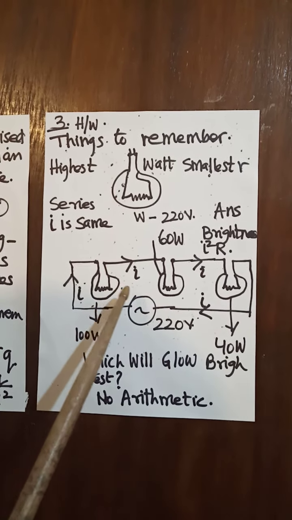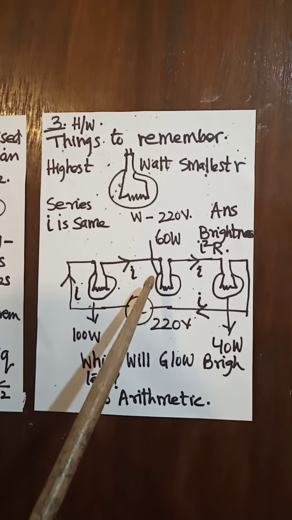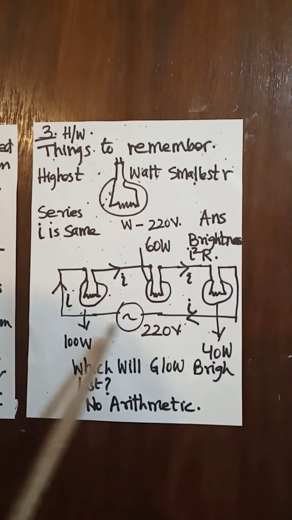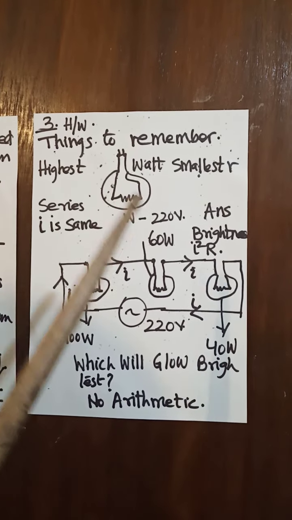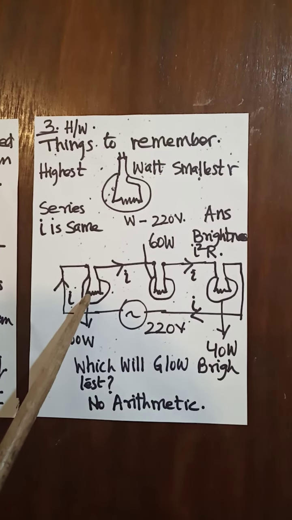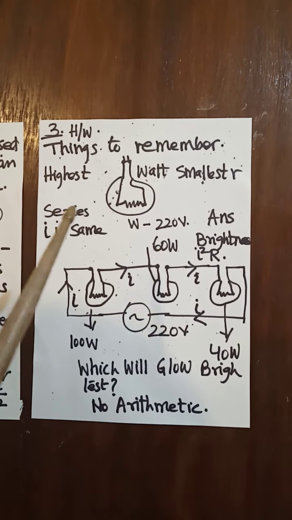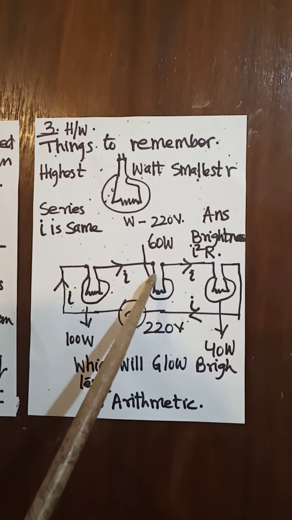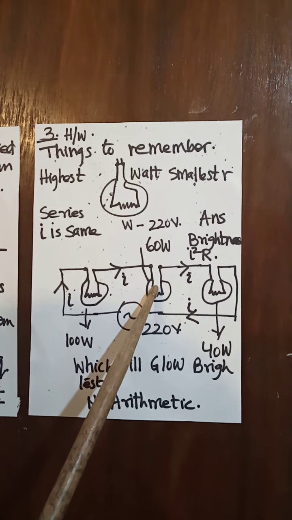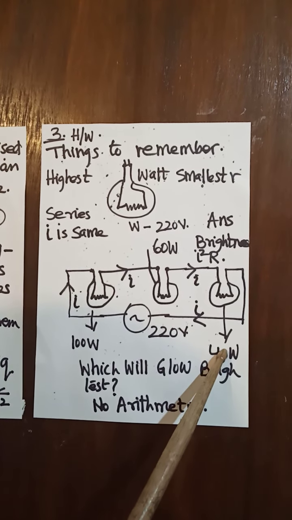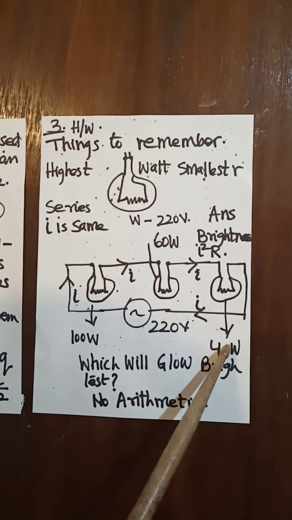You don't need to do any arithmetic or calculation. Just remember the basic. The highest power bulb will have the lowest resistance. Remember that. Highest power, lowest resistance, medium resistance, and then the lowest power bulb will get the highest resistance.